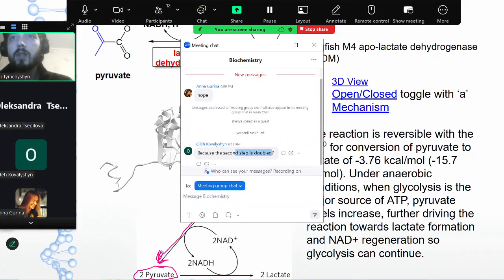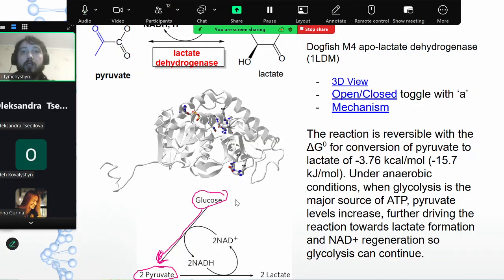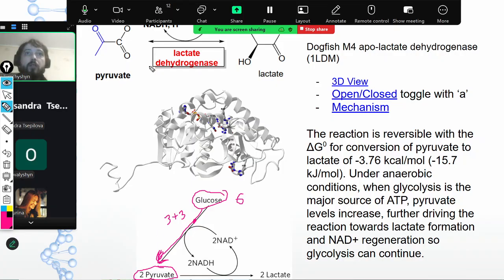Because the second part of glycolysis, because there are many steps, something like 10 steps, but yes, at some point your glucose, which has 6 carbon atoms, is transformed into 2 three-carbon molecules, so 3 plus 3, and then each of them is transformed into 1 pyruvate, because pyruvate, you see, how many carbon atoms? 1, 2, 3. Good.